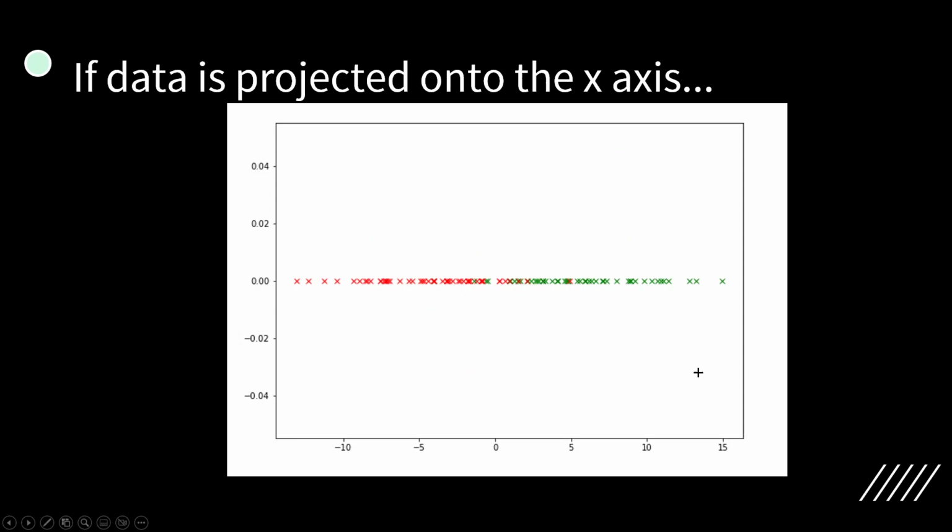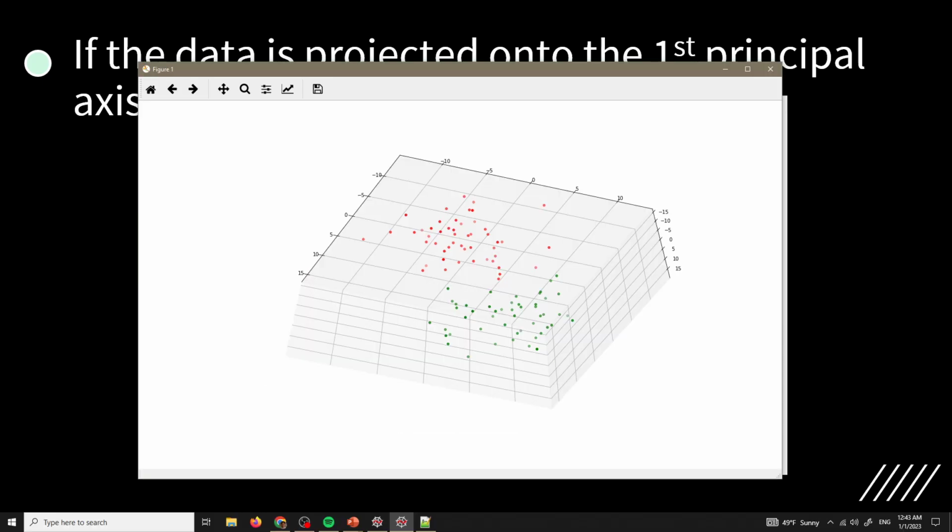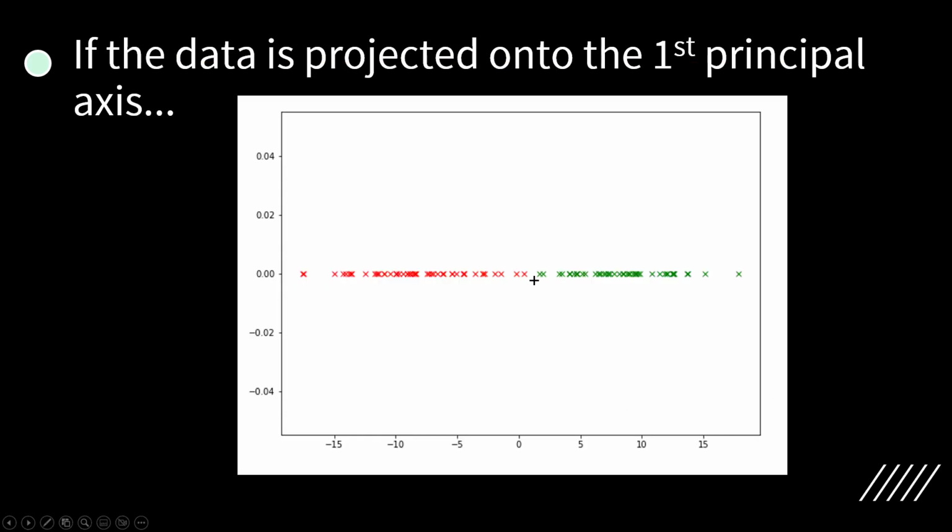Here's the data projected onto the x-axis only, and this shows that just using the x coordinates is not good for classification because there are overlaps here. But if you used the principal direction, which in this picture is something like this, from going from here to there, then there is a clear boundary so that you can easily classify between the red and the green.